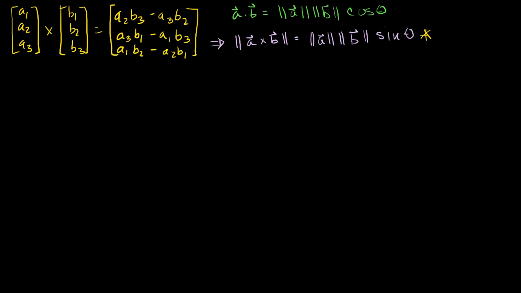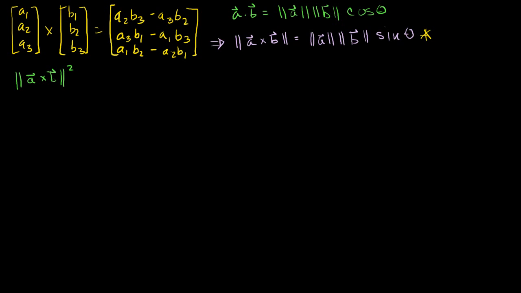But if you're willing to watch and bear with me, now let's start proving this result. So the place I'm going to start is with the idea of taking the length of a cross b squared. That's a cross b right there. So if I'm essentially taking the length of this vector squared.